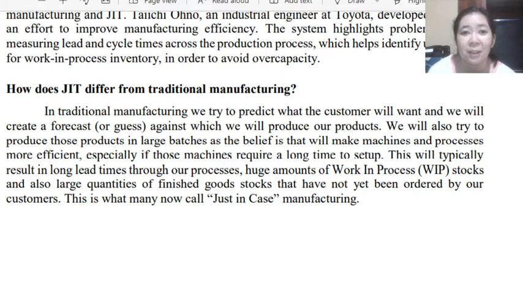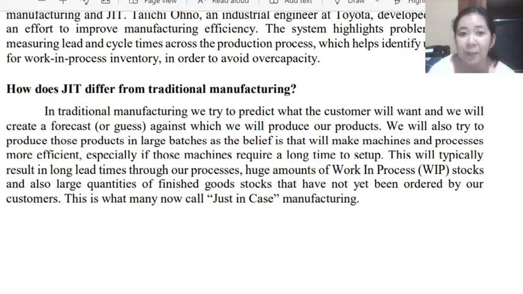This will typically result in long lead times in the production process. Therefore, huge amounts of work-in-process stocks, and also finished goods stocks, are of great quantity which have not yet been ordered by the customers.